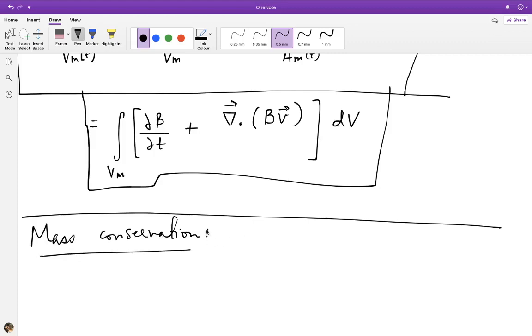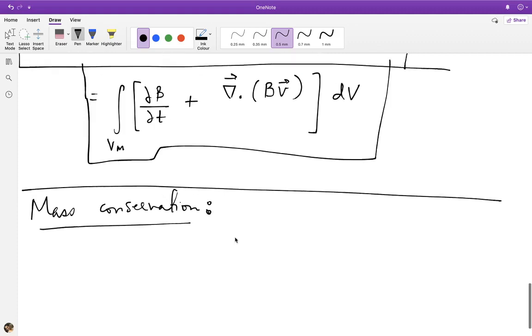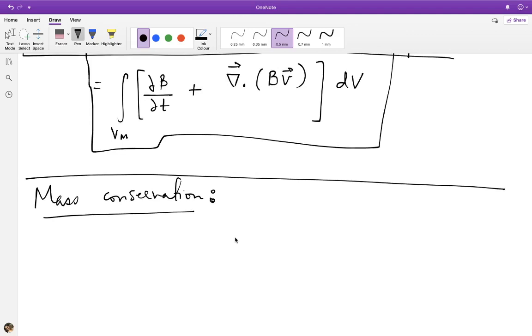Well, it basically says that mass cannot be created or destroyed, or that the mass of a material volume of fixed amount of fluid will remain the same as it moves through the fluid. That is, even if the fluid is in compressible flow, the volume of this material volume could change, but its total mass would remain the same.